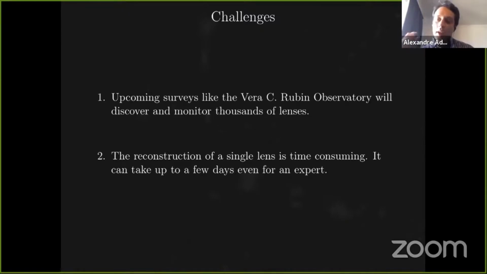The problem is that analyzing a single system can take a few days, even months, to fully reconstruct the mass distribution that was responsible for the deflection, and also the source brightness distribution. This is a major challenge since we need to analyze these large populations.